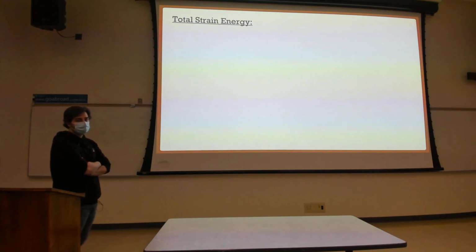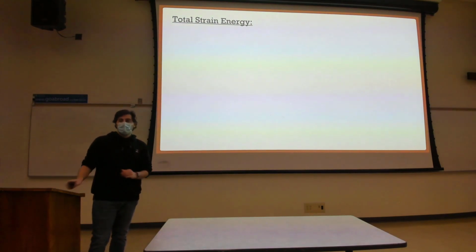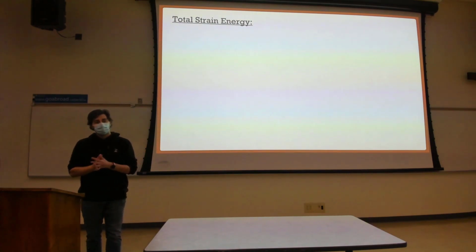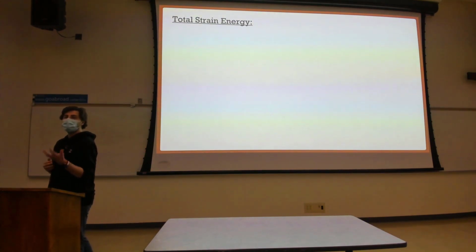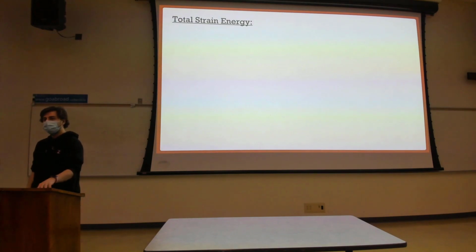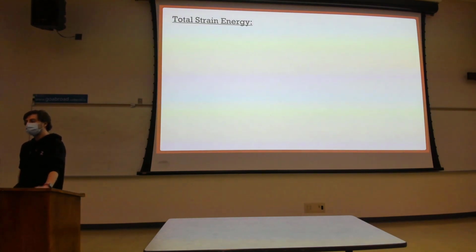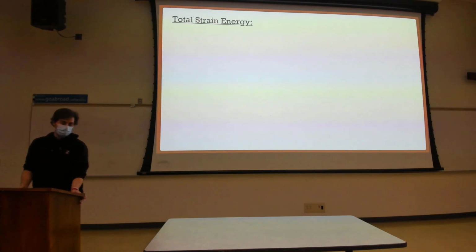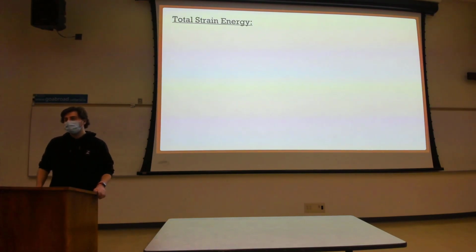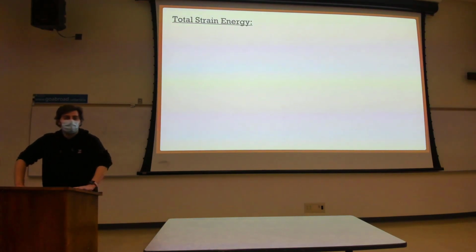Total strain energy. When we just did those calculations, did they take into account the geometry of our body? Was there something in there that had moment of inertia, the height, anything like this? No. If I were to take this podium and stress it, it's going to have some strain energy.